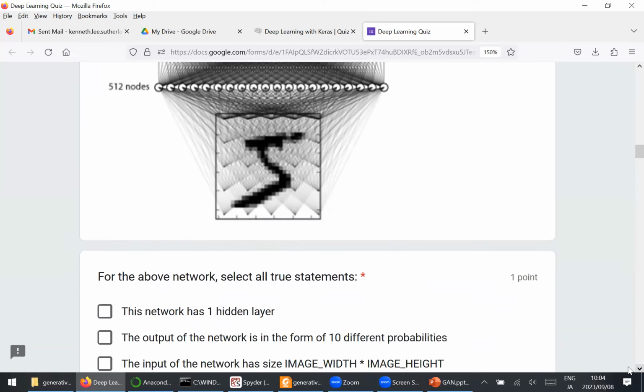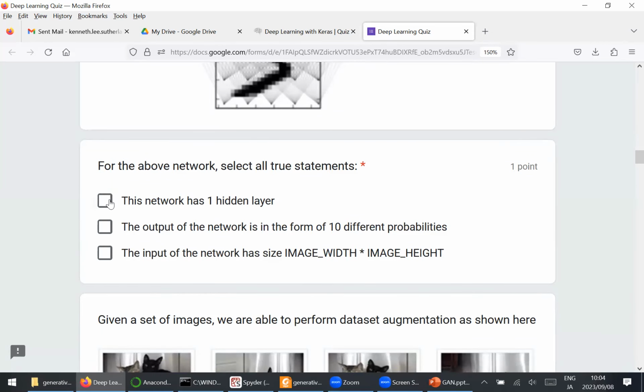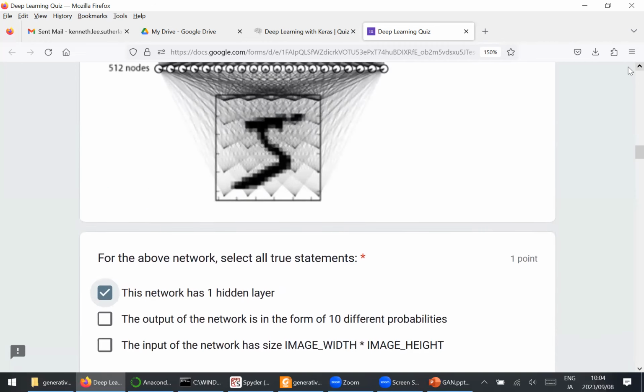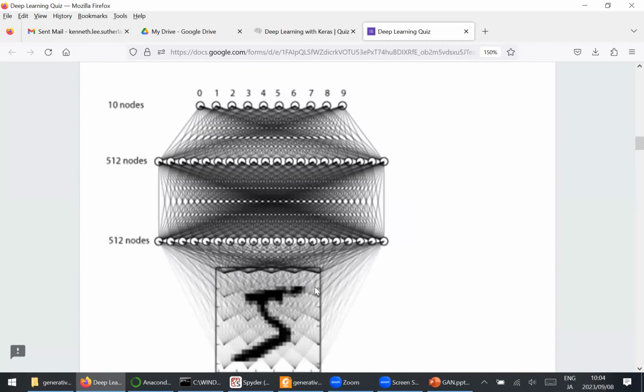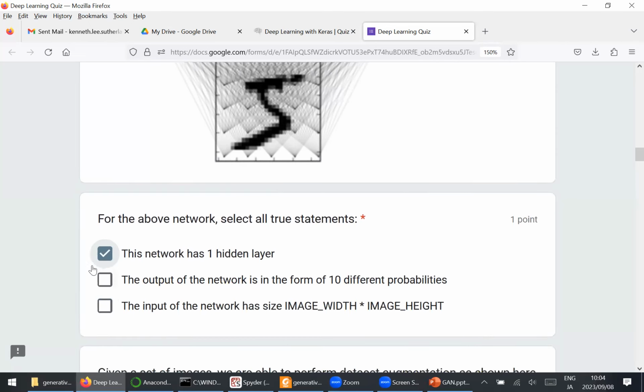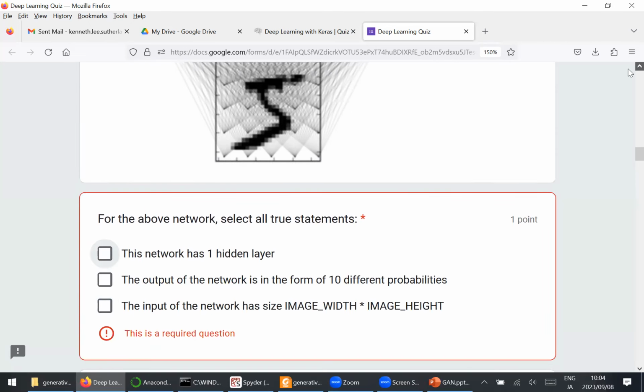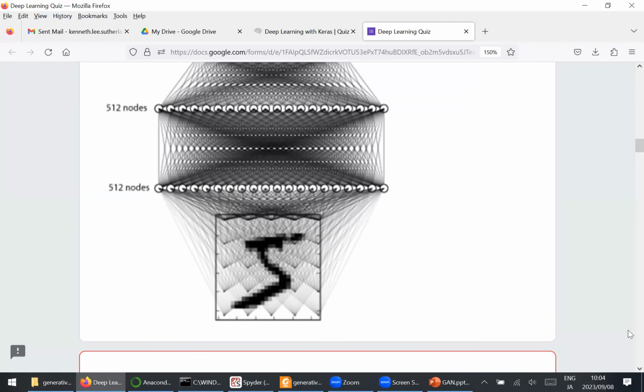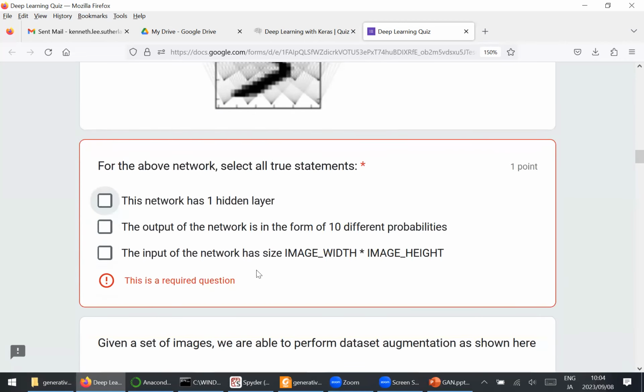So I would say yes, but I think the correct answer is actually no. It depends on how you define a hidden layer. I think the input layer is supposed to be the image. Right, yeah, right. So this actually has two hidden layers, right? So this is kind of a trick question, I think. Every time I get it wrong.